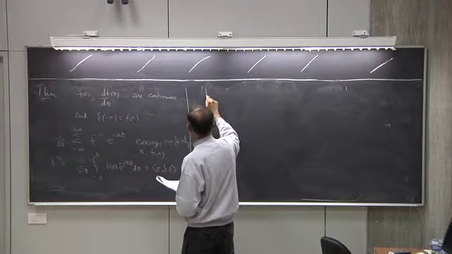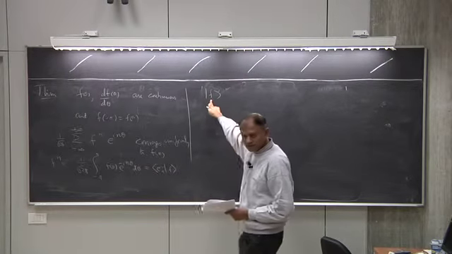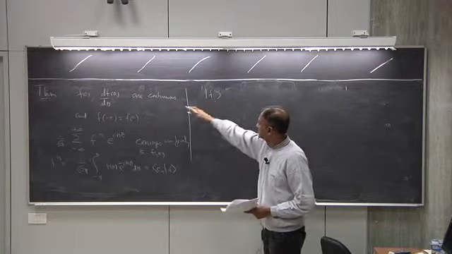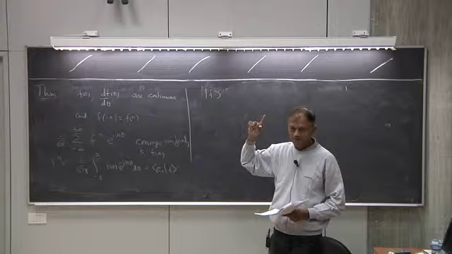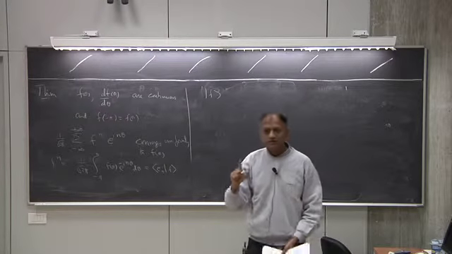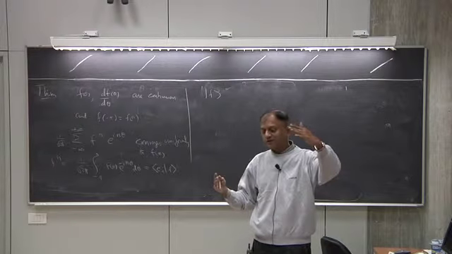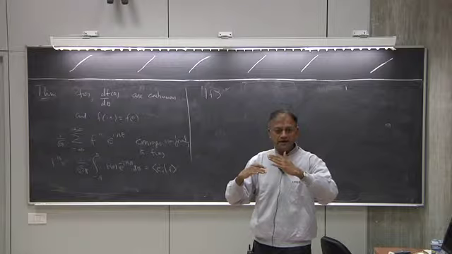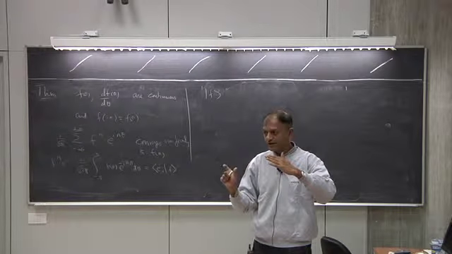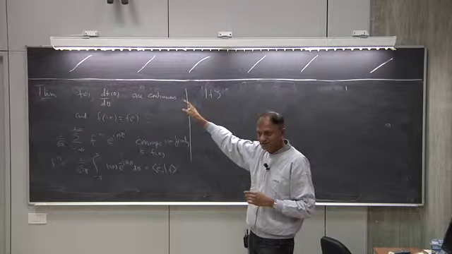I will use sometimes this vector notation. What do I mean by vector? When I use a vector notation, I'm thinking of this as a vector in the L2 space. A vector in the L2 space already is a bit weak statement, because two different functions which differ from each other at a countable number of points are actually the same vector in L2.